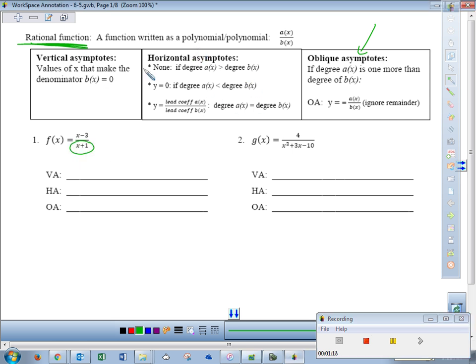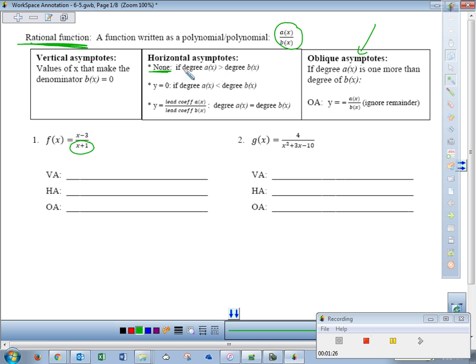Horizontal asymptotes, there are 3 different situations to look for. They are probably the most complicated of them all. First of all, there will be no horizontal asymptotes if the degree of the numerator is bigger than the degree of the denominator.